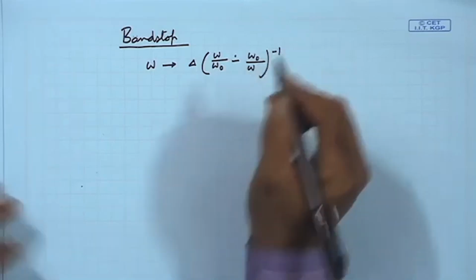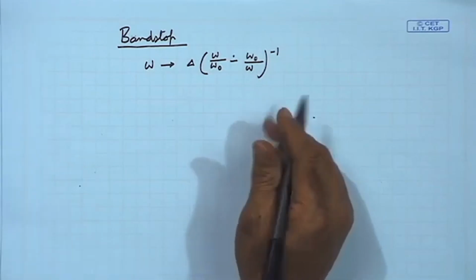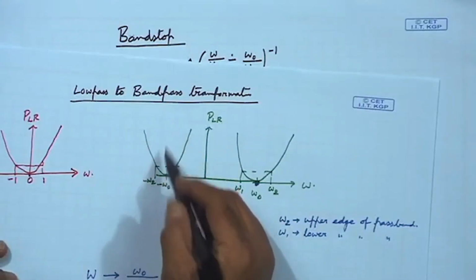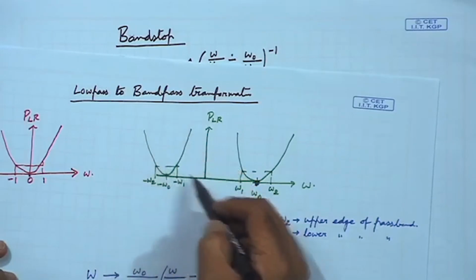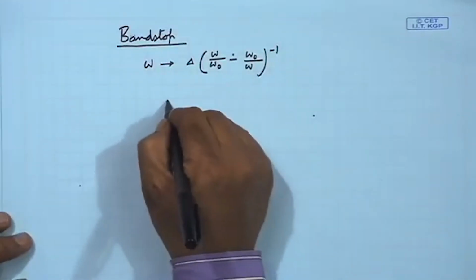So, you can check that the band pass characteristic will be something like this, but instead at this point it will be high. It is just the inverse of this, you can check it.